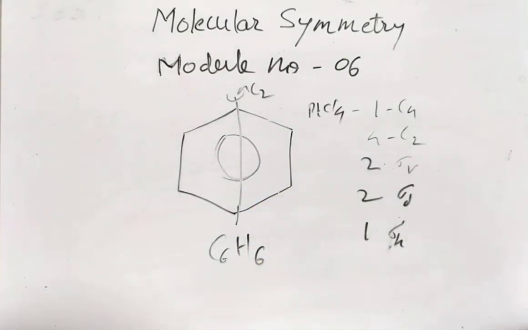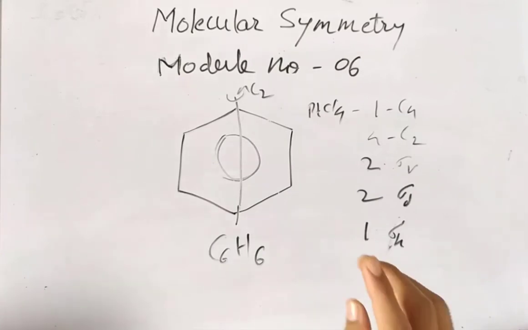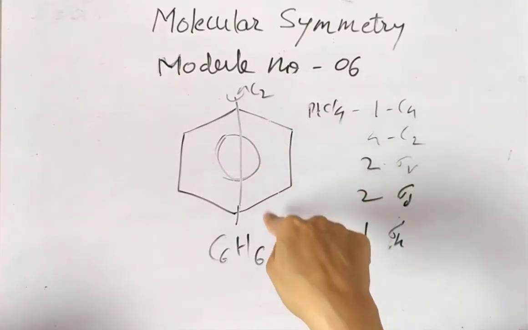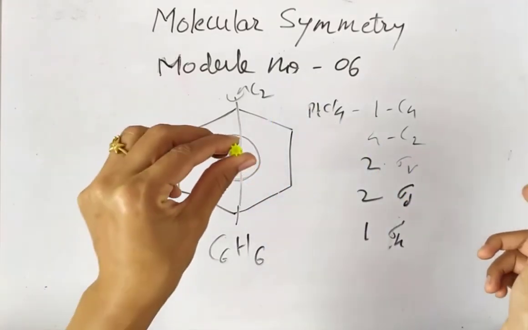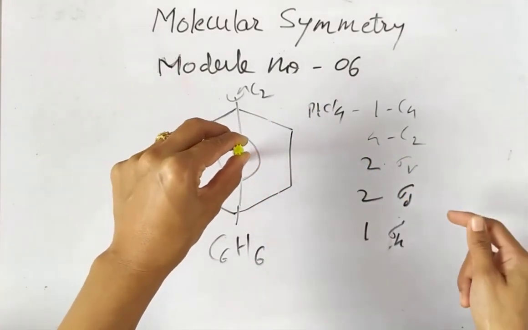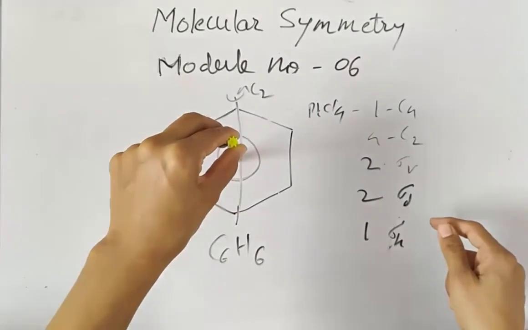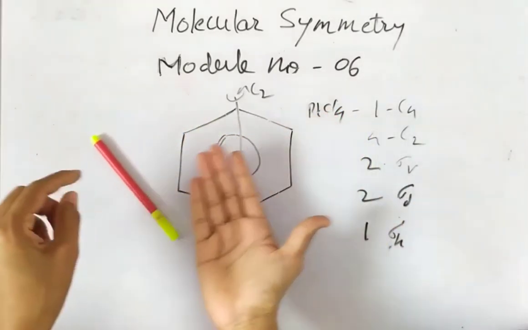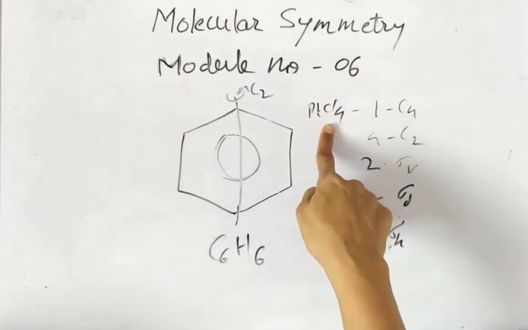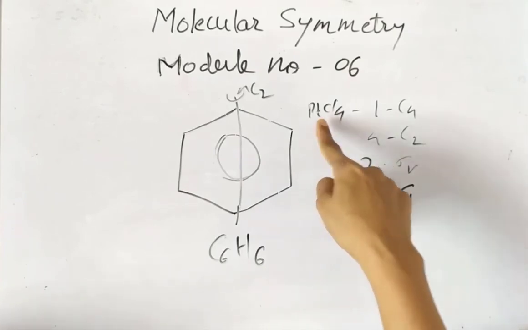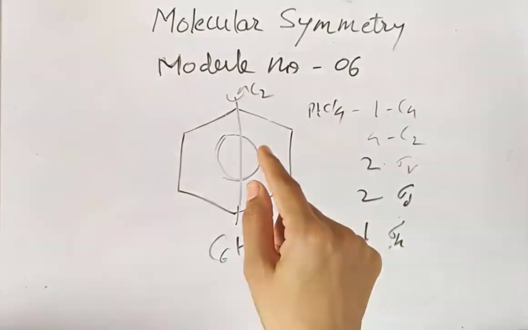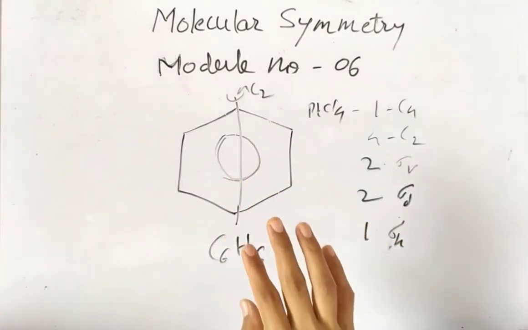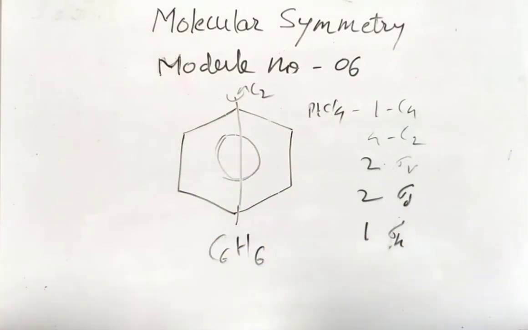But can you get another rotational axis which has a higher fold than this C2? Yes, you can pass the principal axis through the center of this benzene. Benzene is also a planar molecule just like PtCl4. Hence I told you that if this list is very much clear to you, easily you can list out all the symmetry elements very soon in benzene also.